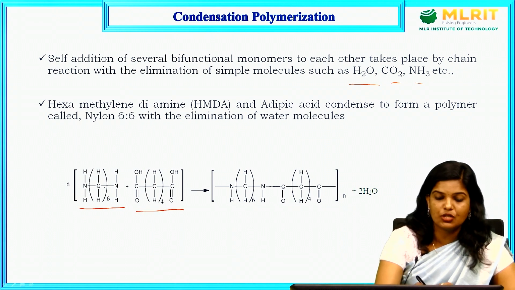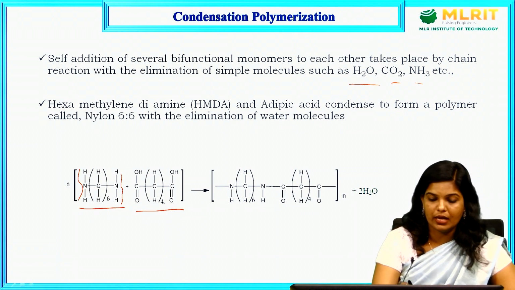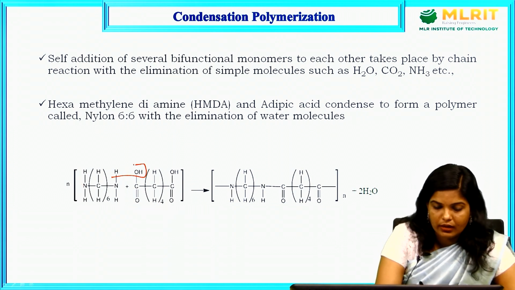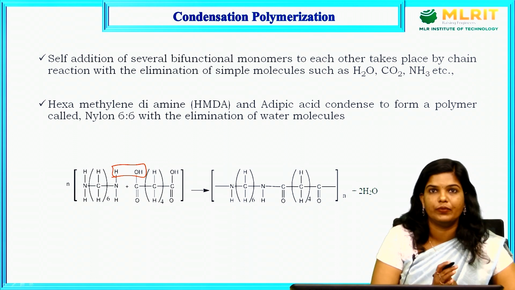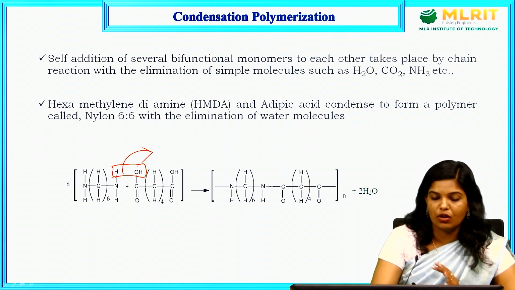Hexamethylene means CH2 six times with a diamine NH2, along with adipic acid COOH with CH2 four times, right? So what happens here is H2O gets eliminated, and the rest is rewritten.